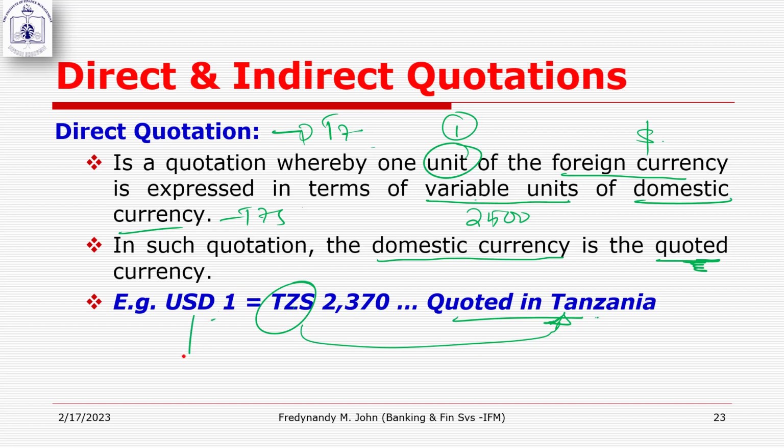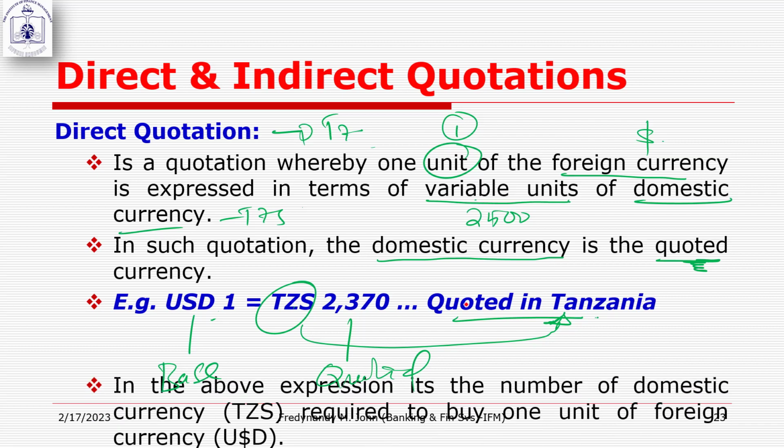The base currency is the USD, whereas the price currency or quoted currency is the Tanzanian shillings. If you come across this kind of expression, then this is what we call direct quotation. So in conclusion, direct quotation is when we express a unit of foreign currency by variable units of the domestic currency.